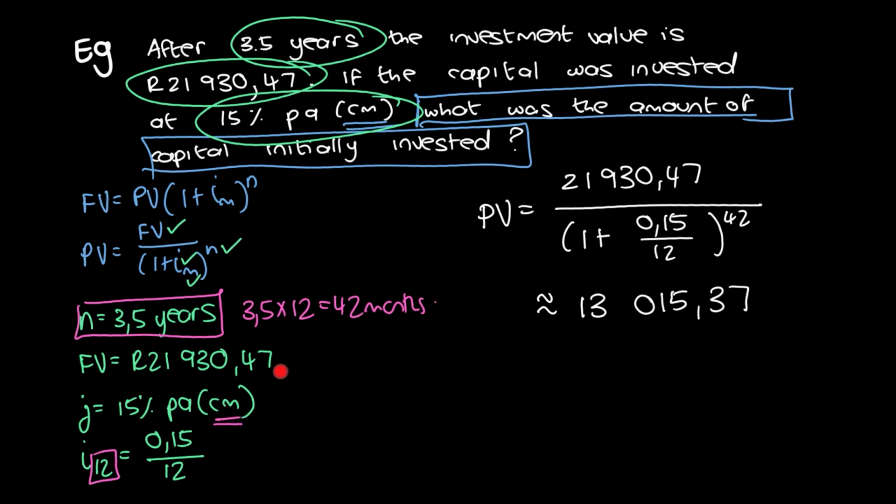We had our future value, and we worked out our effective interest by first converting our nominal interest rate to decimal fraction notation and then dividing it by the compounding periods.